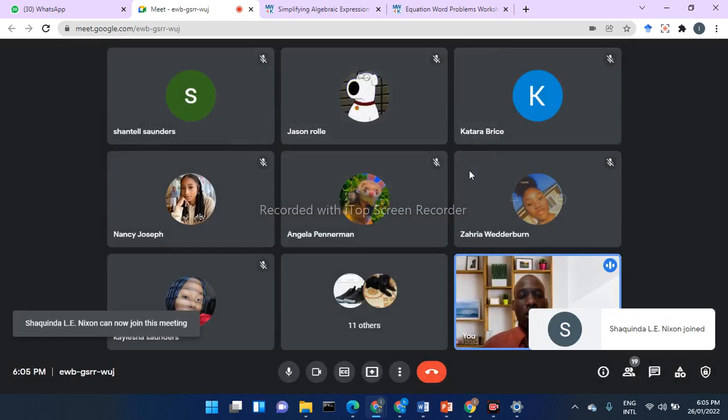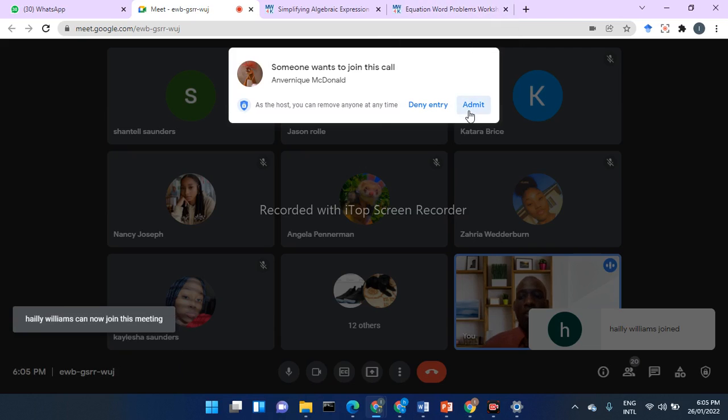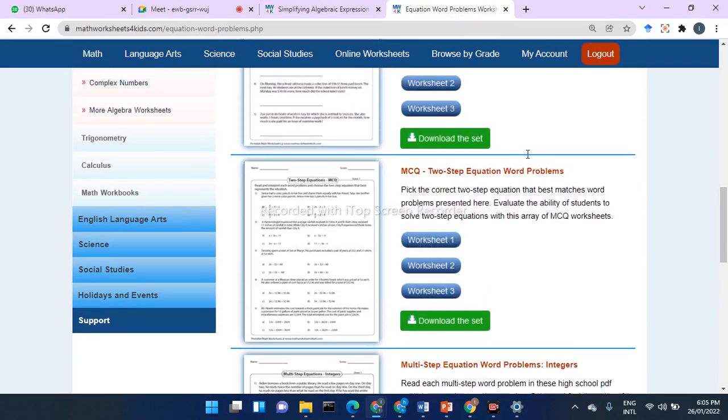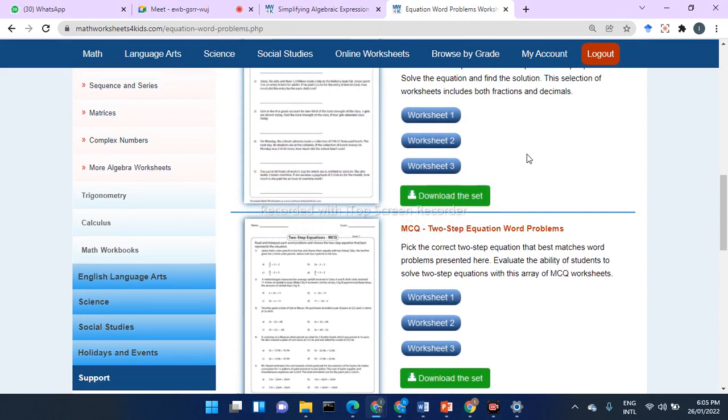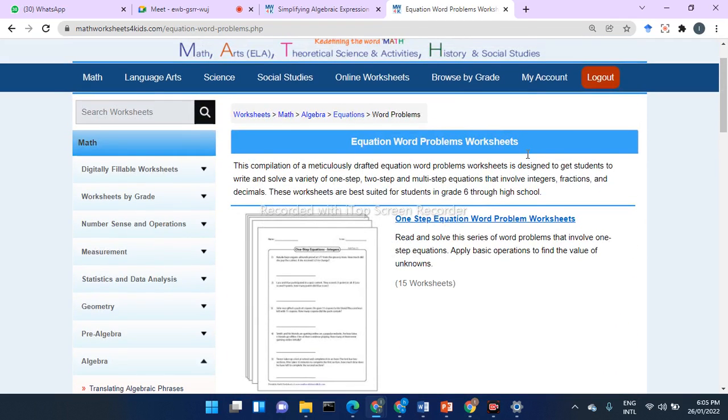Alright. So today we're going to be looking at equation word problems. Okay? Equation word problems. What that means is that, and they like to bring questions like this. What that means is we're going to look at basically a word problem and change it into an algebraic equation and then solve it.